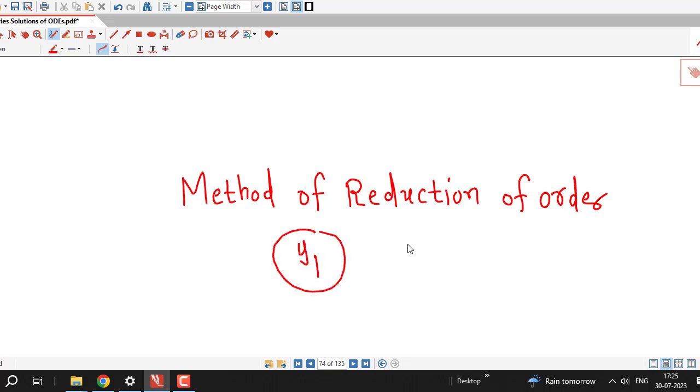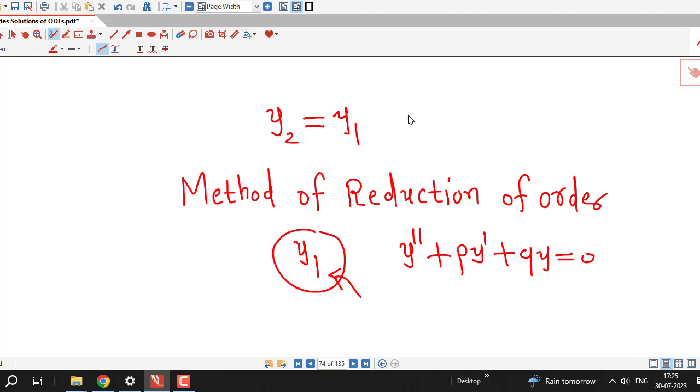If we are given the value of first solution or one solution of this type of equation, y double dash plus py dash plus qy equal to 0, then if you recall, we can find out second solution by this formula: y2 equal to y1 times integral of e to the power minus integral of p with respect to x divided by y1 square, integral with respect to x.